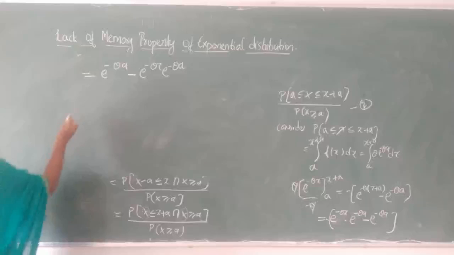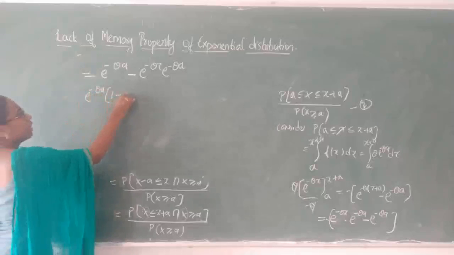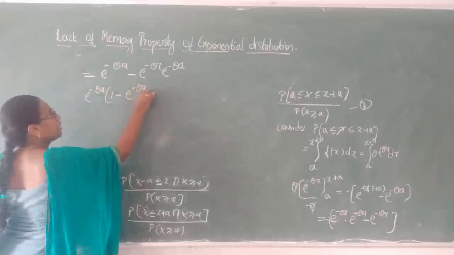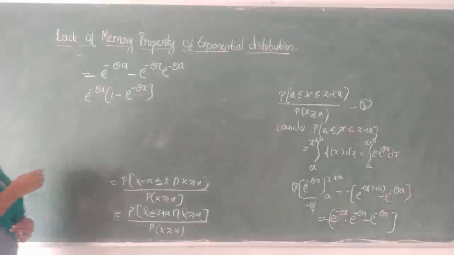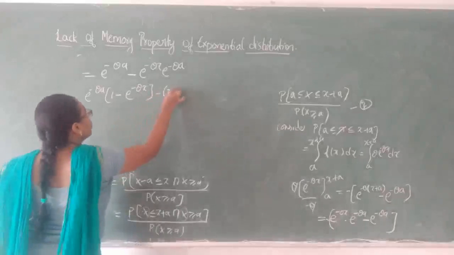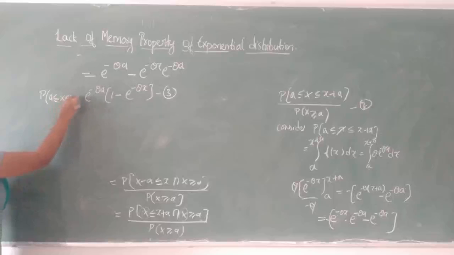From these two terms, you can take e power minus theta a common. So you get e power minus theta a into 1 minus e power minus theta x. Put this as equation 3. This is the value of the probability of a less than or equal to x less than or equal to x plus a.